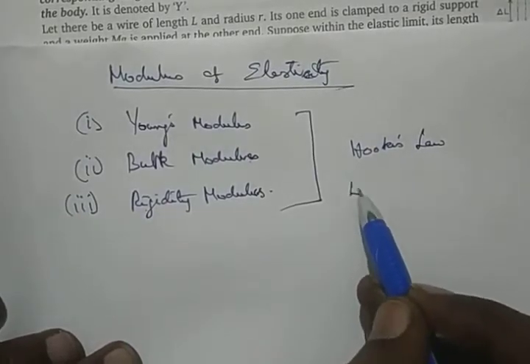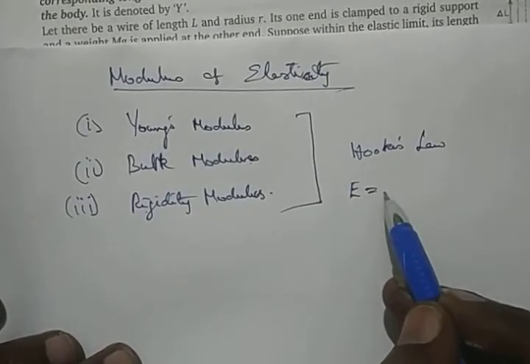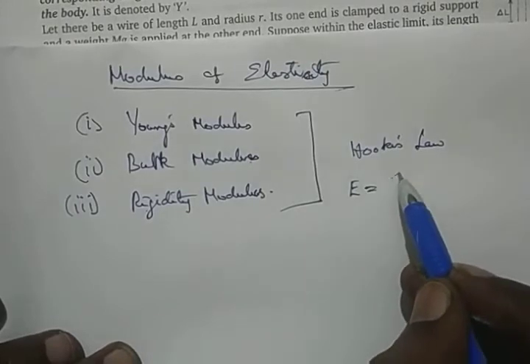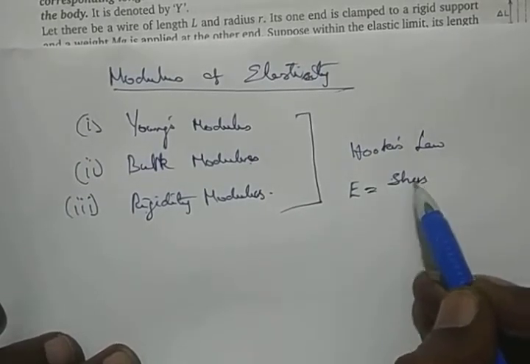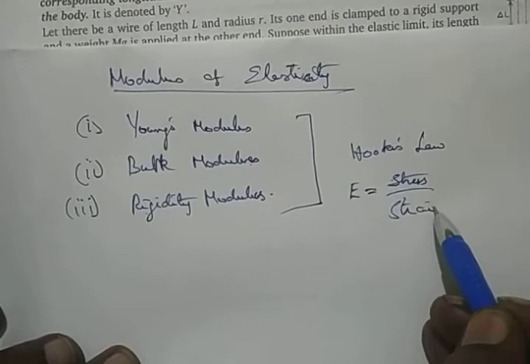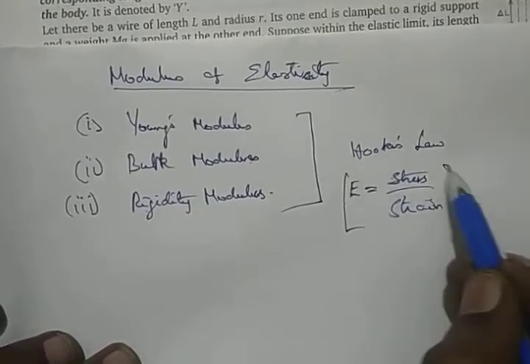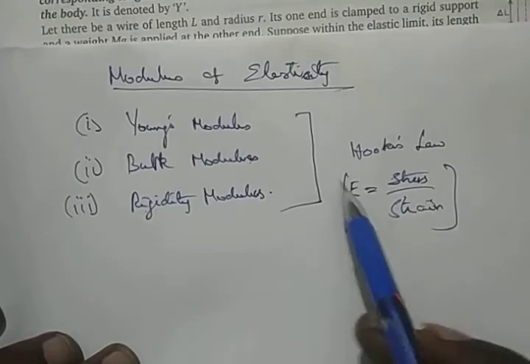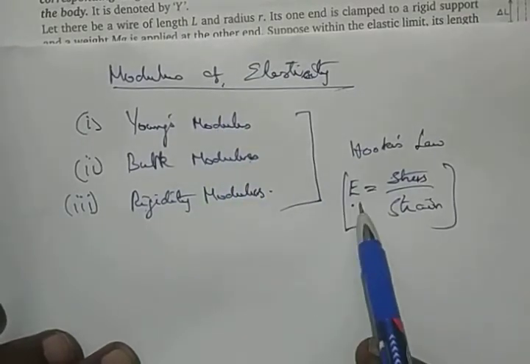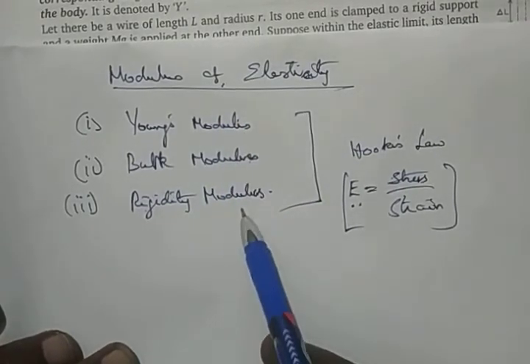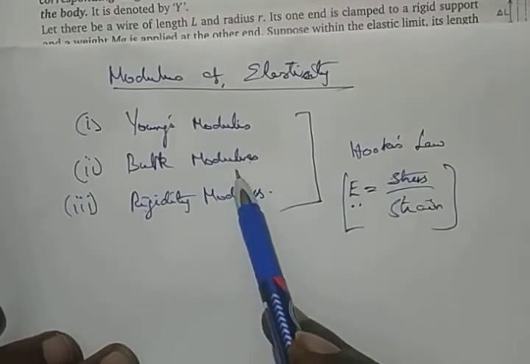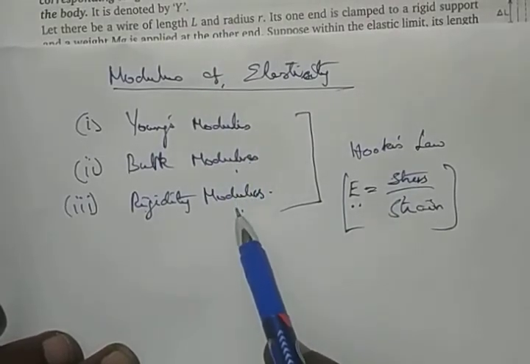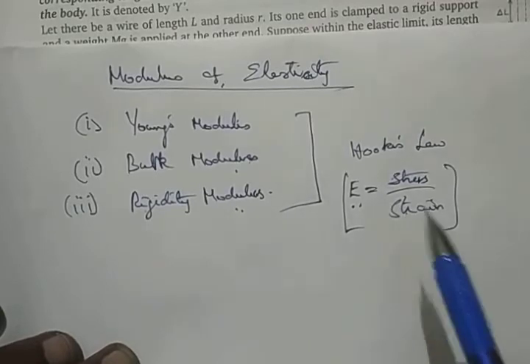What is Hooke's law? The modulus of elasticity, E, is equal to stress upon strain. This is the basic Hooke's law. Under the modulus of elasticity you have three: Young's modulus, bulk modulus, and rigidity modulus of elasticity, based on Hooke's law.